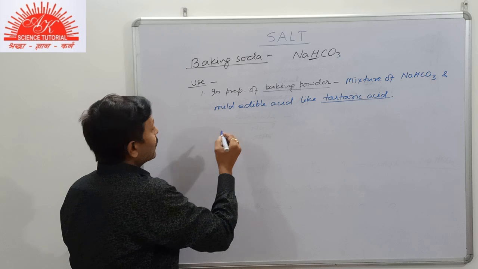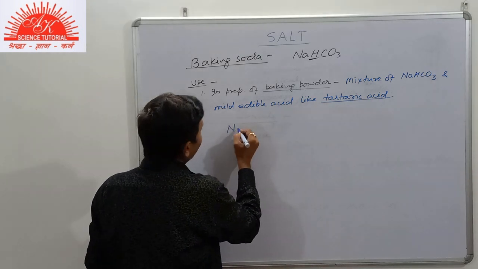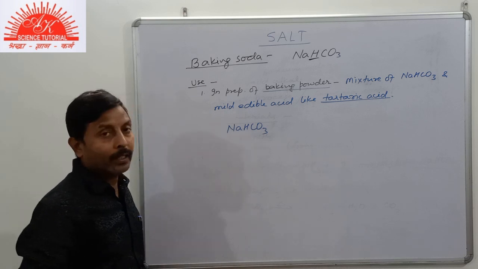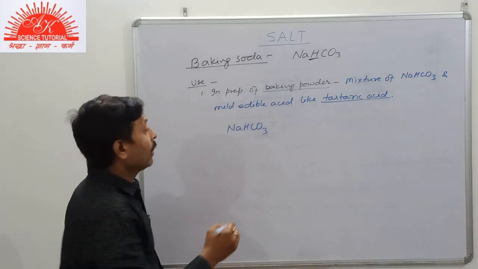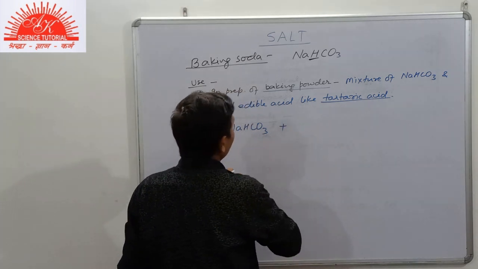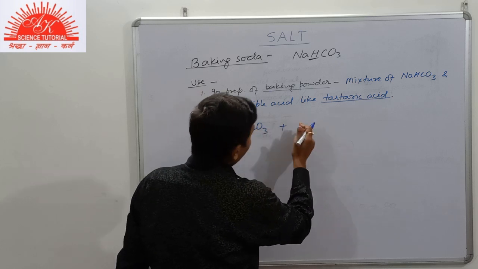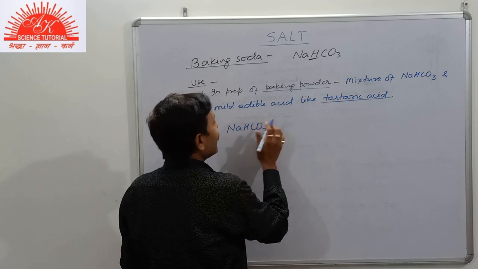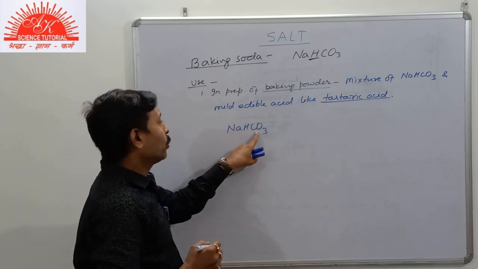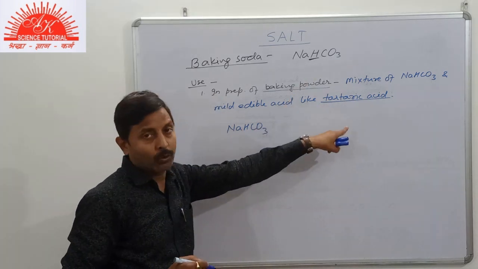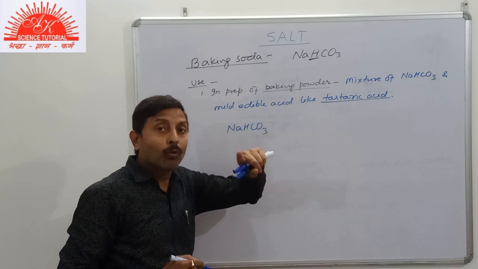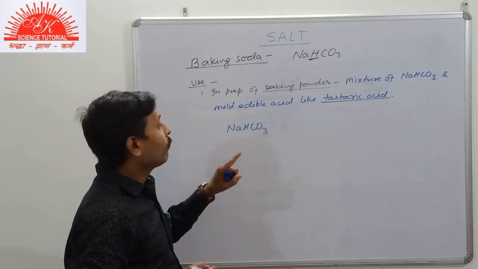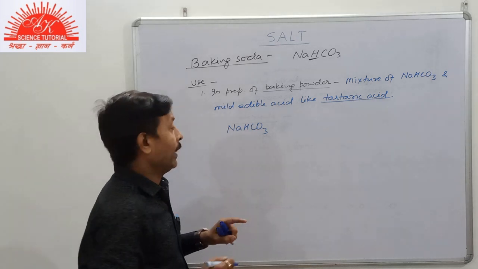Like you see, suppose we have NaHCO3, sodium bicarbonate. Now it is heated. In normal condition, it gives us sodium carbonate plus H2O plus CO2. CO2 will make the dough fluffy, but the sodium carbonate formed will cause bitterness.